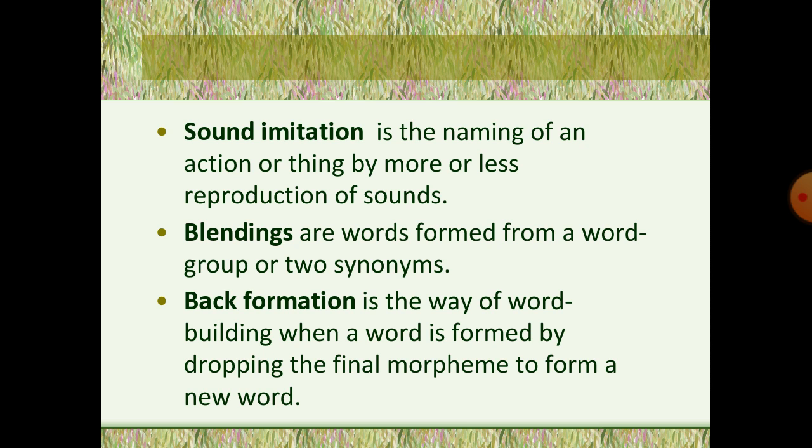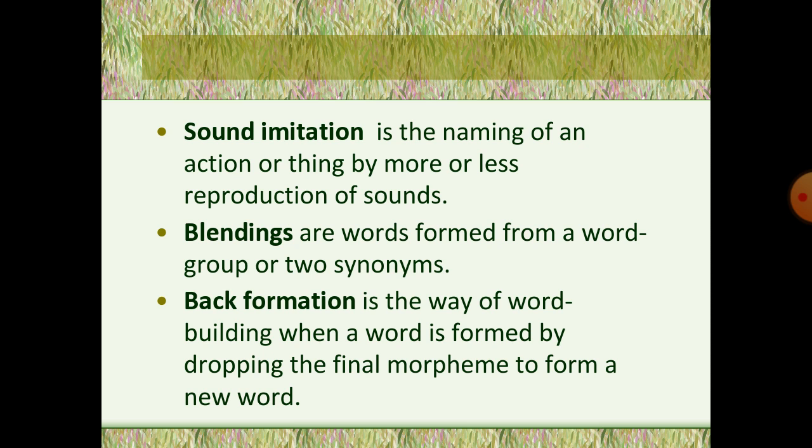Sound imitation is the naming of an action or thing by more or less accurate reproduction of sounds. Blends are words formed from a word group or two synonyms. In blends, two ways of word building are combined: abbreviation and composition.